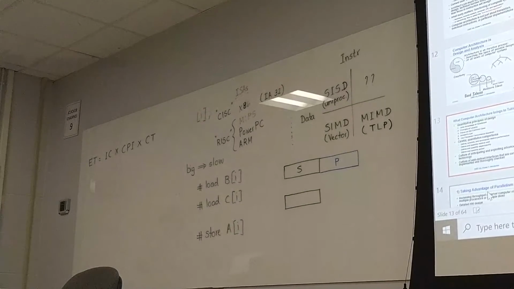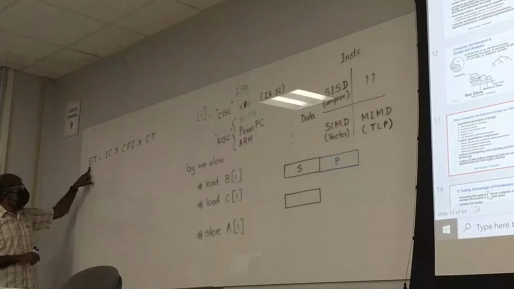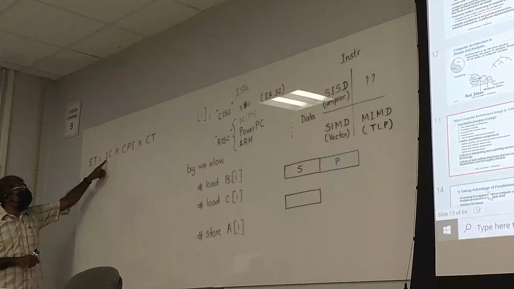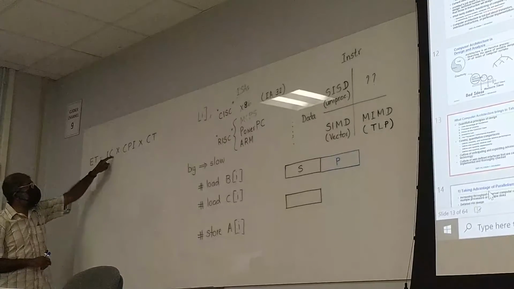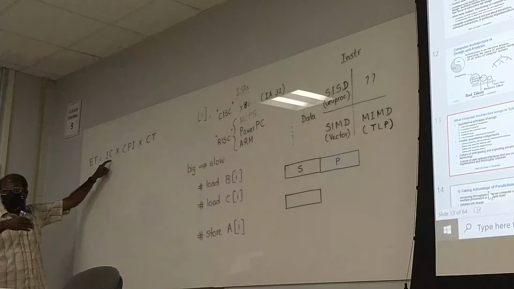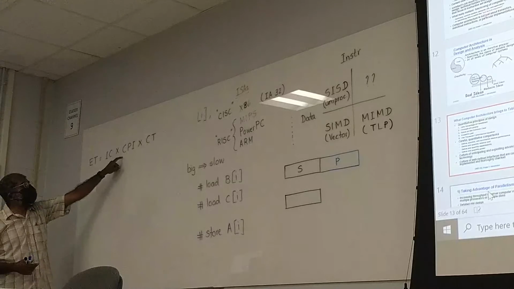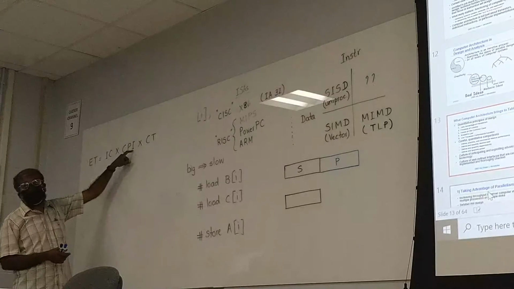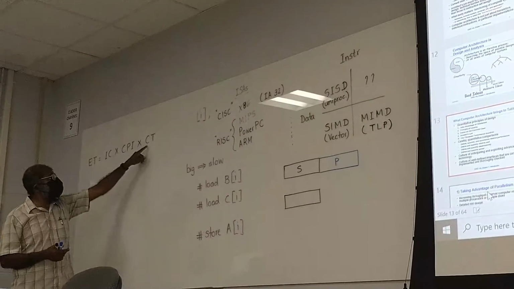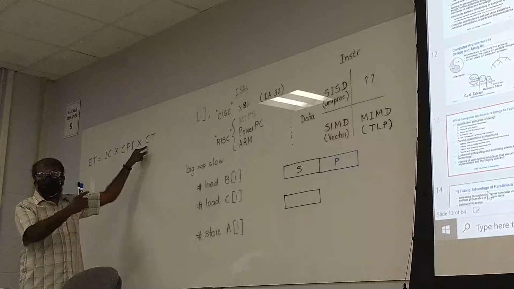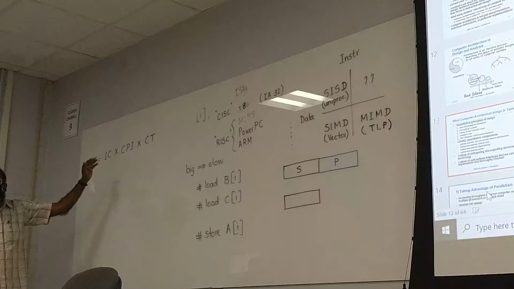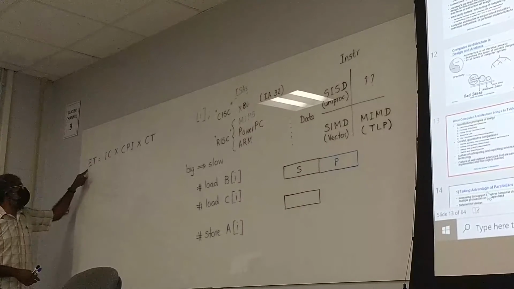One is this, the other is on cache memory performance. This states that execution time for a program is the product of dynamic instruction count, how many instructions are executed, multiplied by, on average, how many clock cycles it takes per instruction, multiplied by how much time each clock takes. So it's a straightforward split-up of the execution time.